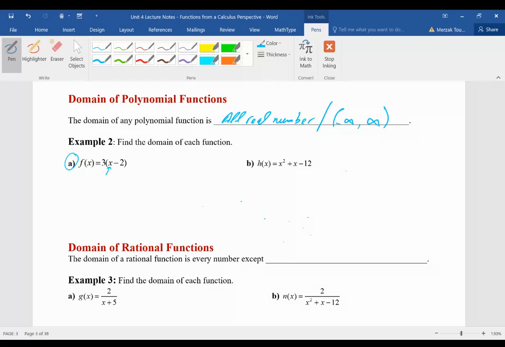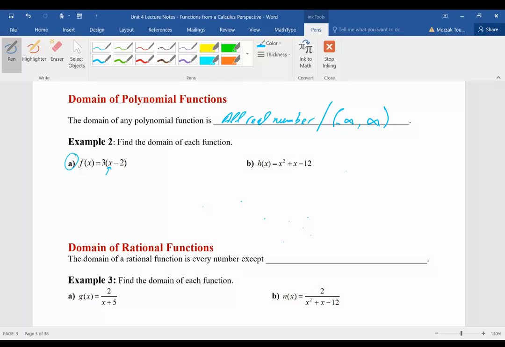It can take as an input any real number because the domain is a set of values that a function can process and produces a range or an output. So it takes in an input, processes that input, and then produces an output.